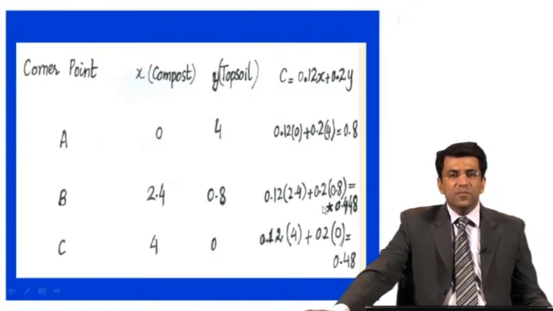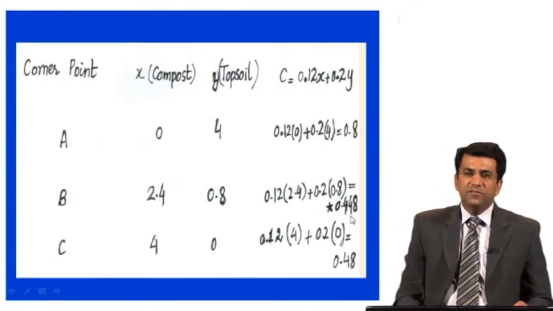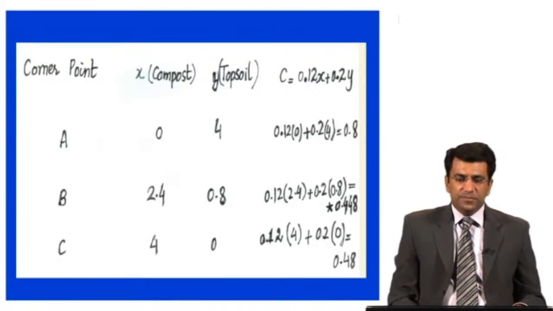So this is the minimum cost we can identify within the given limits and constraints.